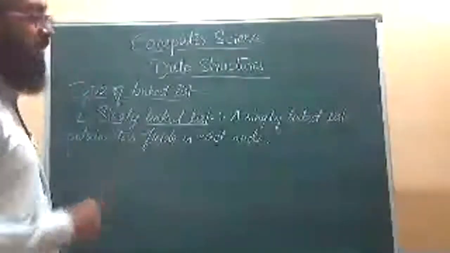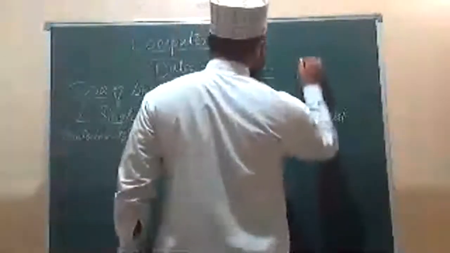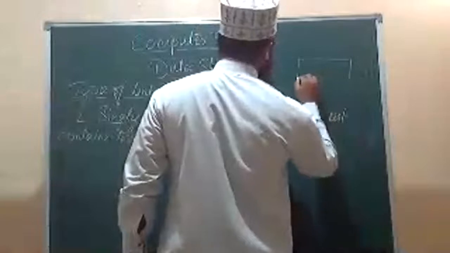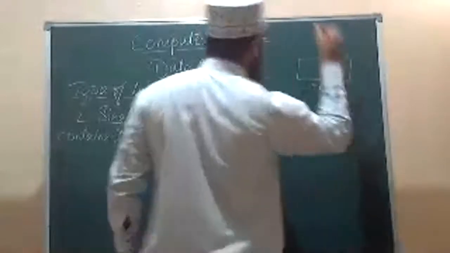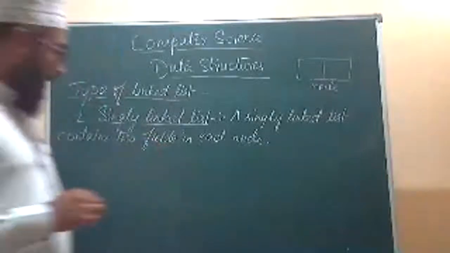As I have explained, a singly linked list contains two fields in each node. This is a node which contains two fields.